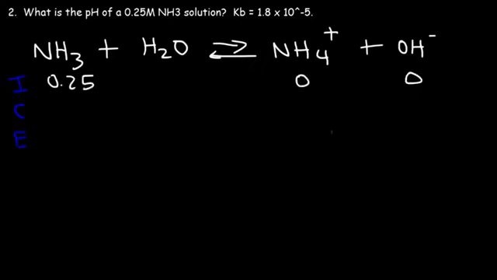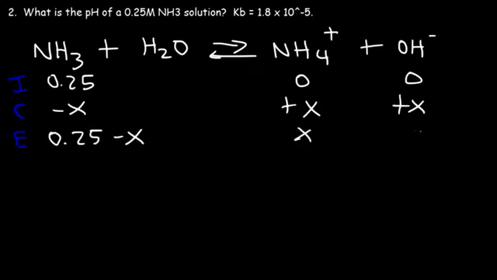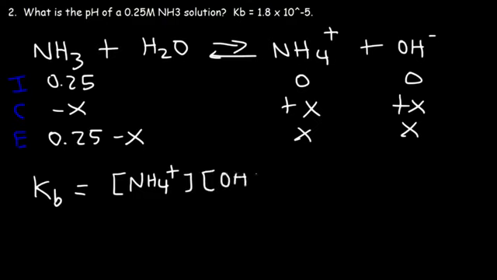The products will begin at 0, and the reaction will initially shift towards the right. So adding the first two rows, we're going to have 0.25 minus x, and x and x. So Kb, like any other equilibrium constant K, is going to be the concentration of the products divided by the reactants.